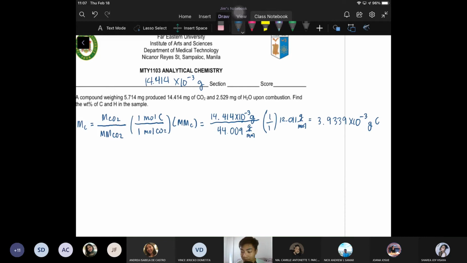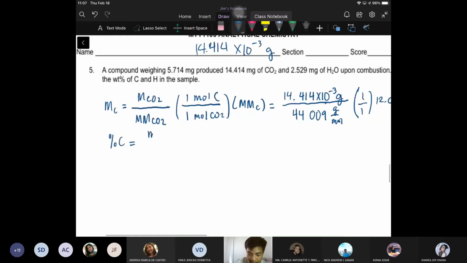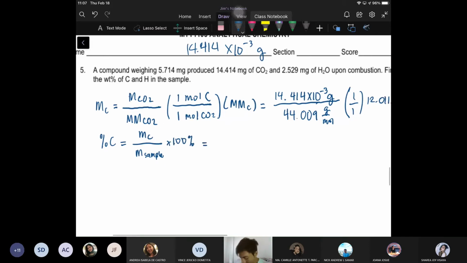Okay, so let's solve for that. Percent carbon, that will be the mass of carbon divided by the mass of your sample times 100%. So mass ng carbon mo is 3.9339 times 10 raised to negative 3 grams.